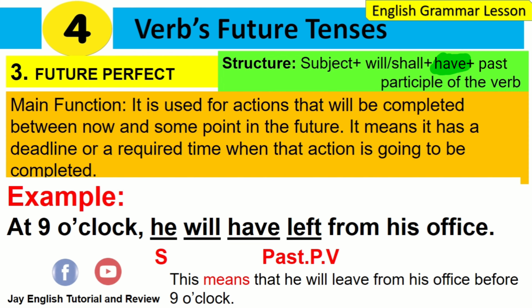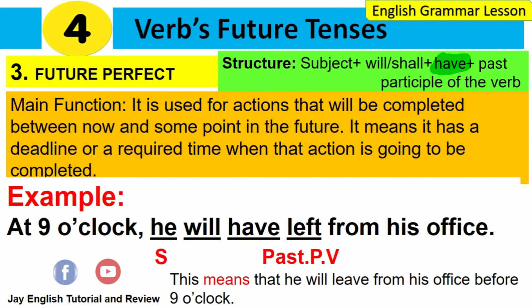We're going to use the past participle form of the verb leave. This sentence means that he will leave from his office before 9 o'clock, or he will leave from his office between now and this 9 o'clock.